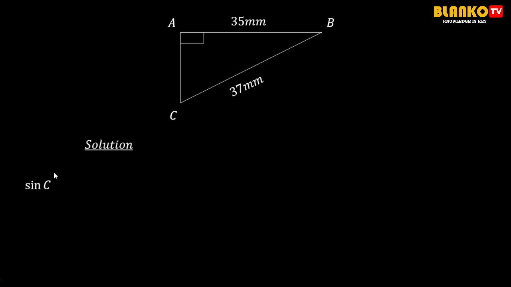So sine C is going to be 35 over 37. Sine C is the opposite, which is AB, 35 millimeters, over the hypotenuse, which is BC, 37 millimeters.